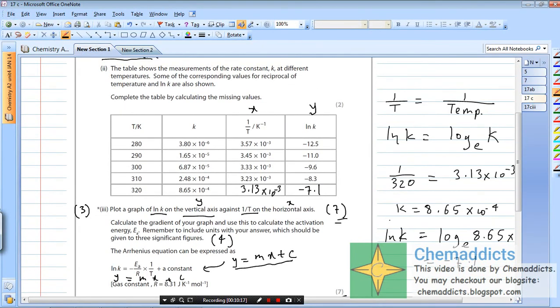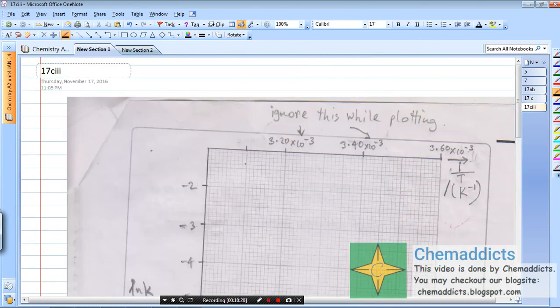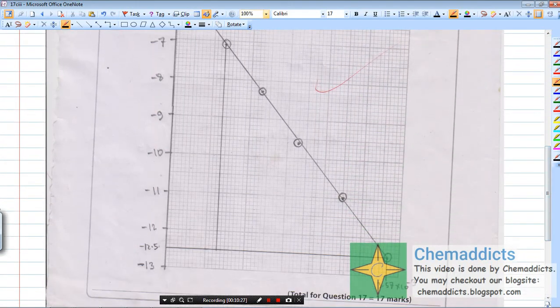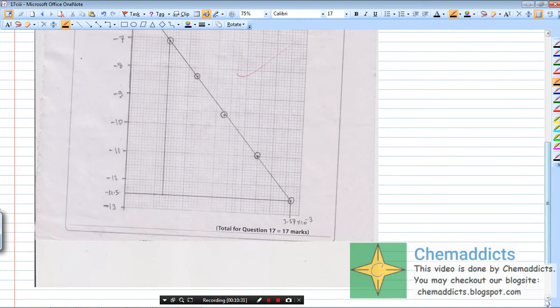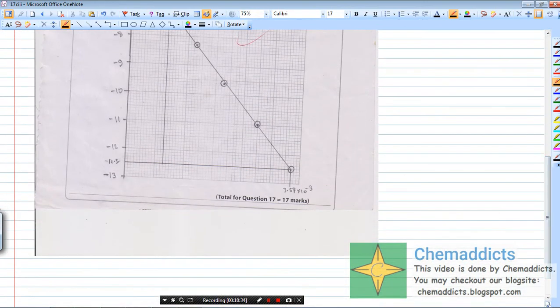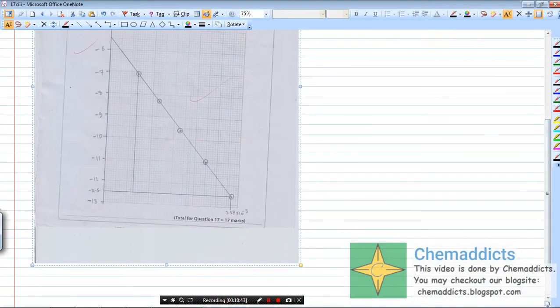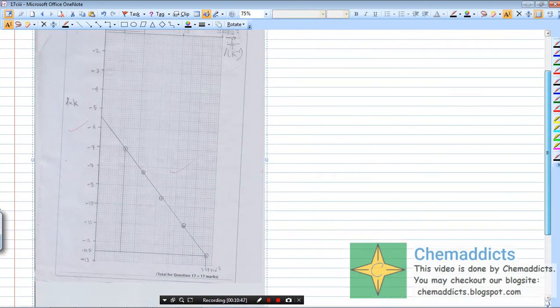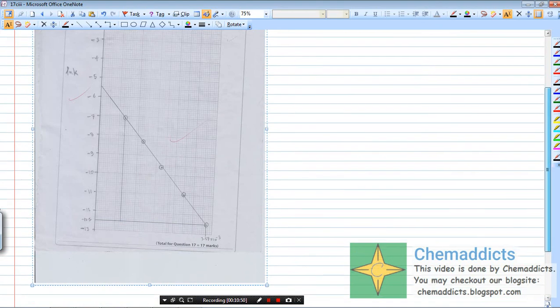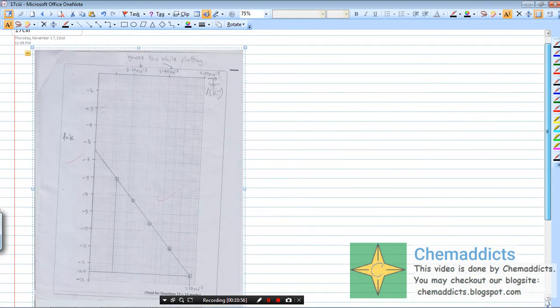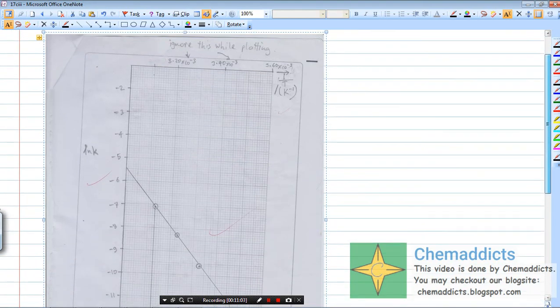If we plot this graph, we are going to get something like this. Let me make it shorter, more shorter.